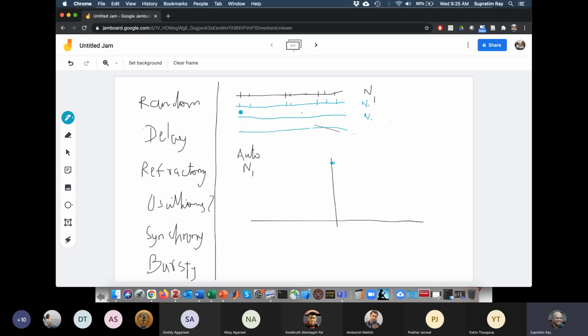That means every spike has shifted by 1 millisecond. Like this. It's a nightmare to deal with this on the Jamboard, but okay. So now what do you think is the dot product, the point by point product?